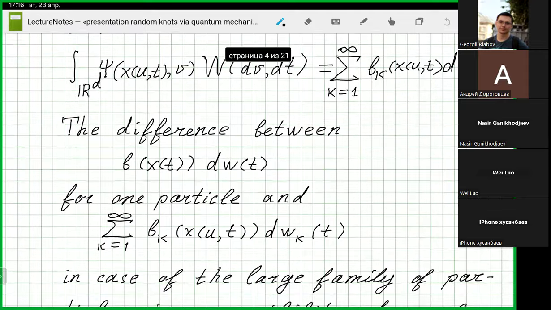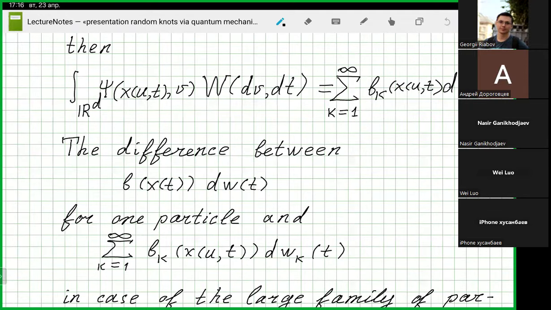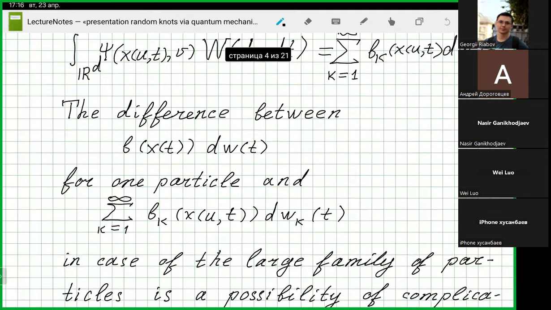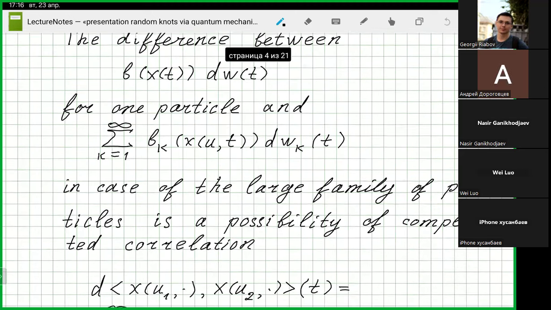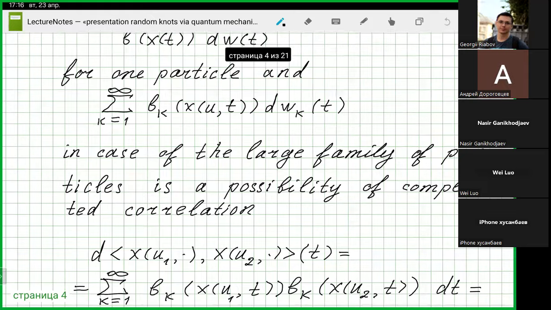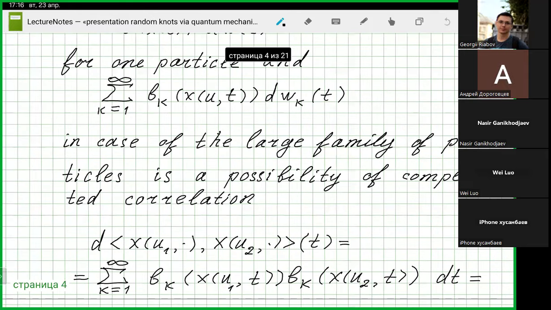The difference between this differential b(x_t) dw for one particle and this sum b_k(x(u,t)) dw_k(t) in the case of a large family of particles is a possibility of complicated correlation.